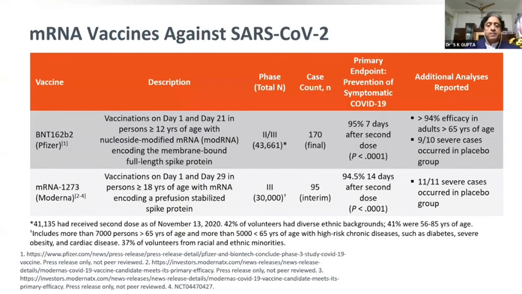If we compare the 2 approved mRNA vaccines head to head, the Pfizer BioNTech vaccine has been used in more than 43,000 people in phase 2, 3, and the mRNA vaccine in more than 30,000 people, and both have shown an efficacy of 95%, which is a fairly good and robust trial.